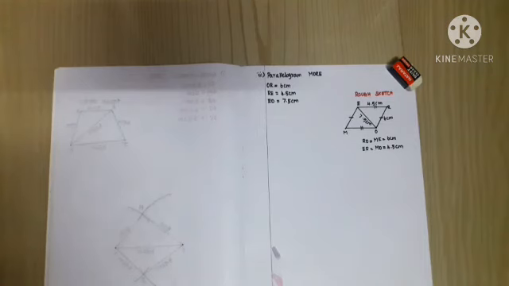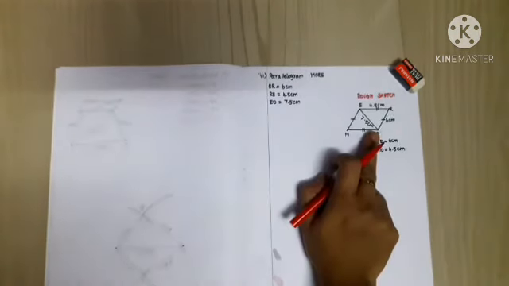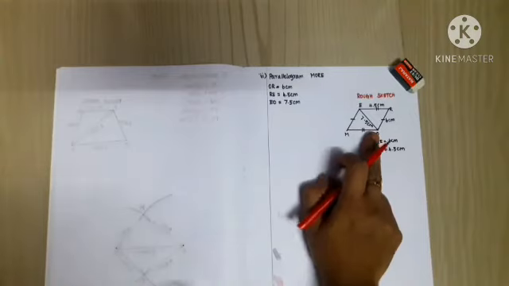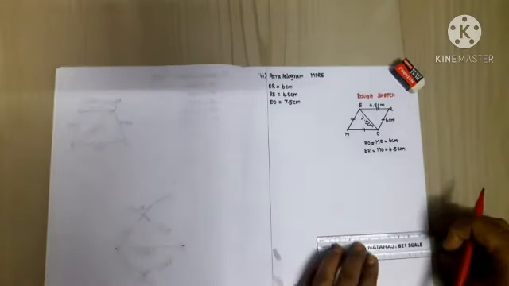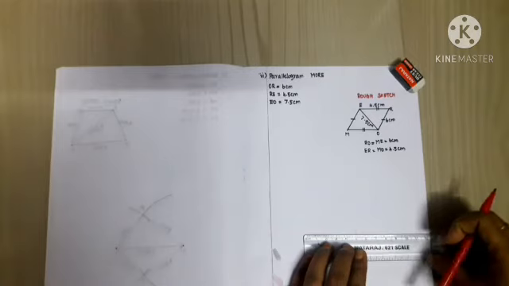Let's come, we can draw the quadrilateral. Now take a line segment. First draw the diagonal with 7.5 centimeter.